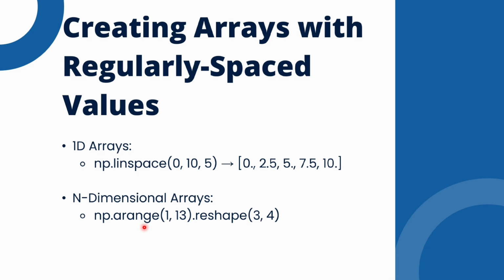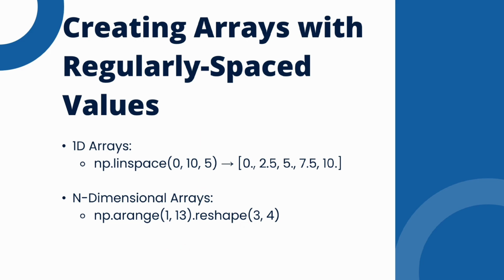It is similar to Python's built-in range function, but returns a NumPy array. For example, here we have 1, 13, which is our range, and we use the .reshape method, which generates a 1 to 12, 3 cross 4 array.